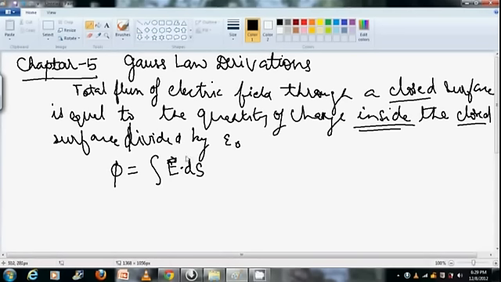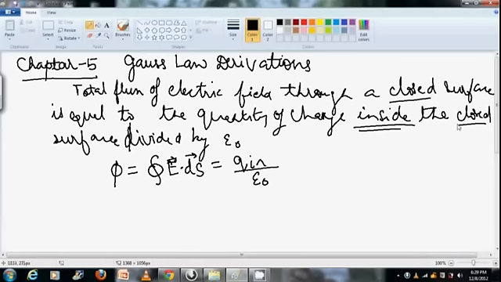Both are vectors, and we have to integrate throughout the closed surface. This is the symbol of integration throughout the closed surface, and it is equal to the quantity of charge which is only inside. I should not add the charges which are outside the closed surface, divided by epsilon naught.